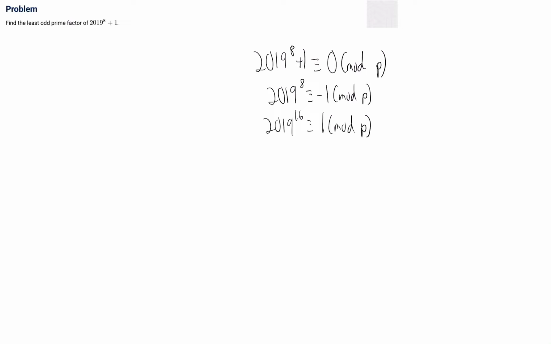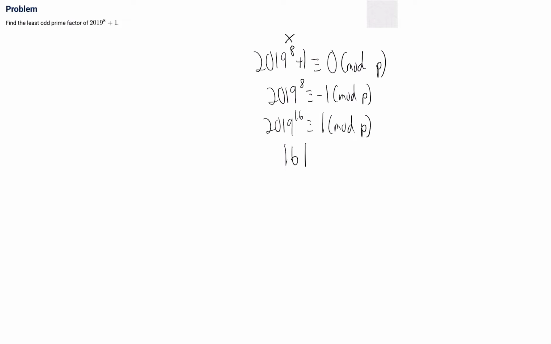Don't see why? Because of our earlier statement, we know that the order of 2019 mod p has to be a divisor of 16. And it can't be 8 or less, so it has to be 16. So then 16 divides phi of p, which is the theorem we stated earlier.